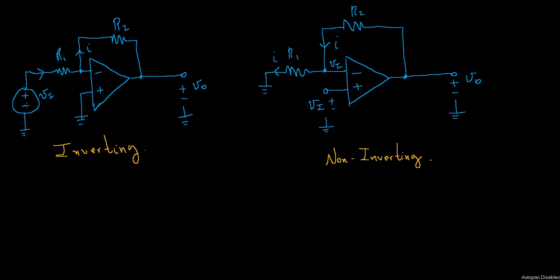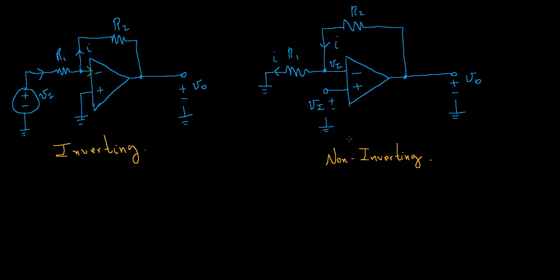So the voltage leaves here, passes through R1, goes into the minus input, then the current goes up, passes through R2 and goes to V0. Now there is no current entering the minus input because for the ideal operational amplifier, we assume the input impedance is infinite, and this simplifies the analysis.